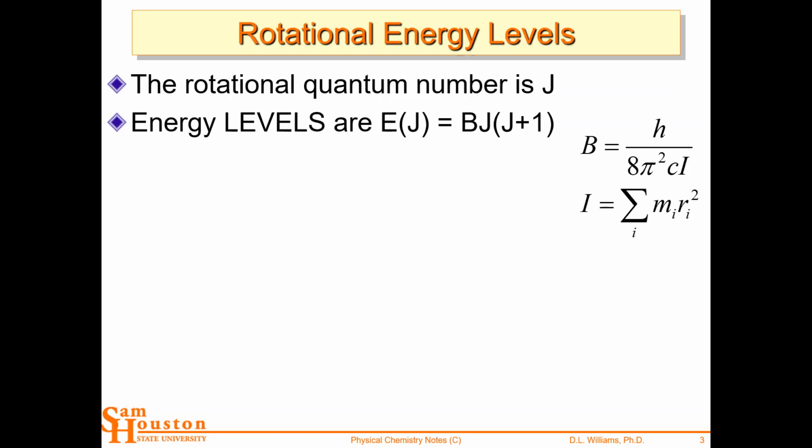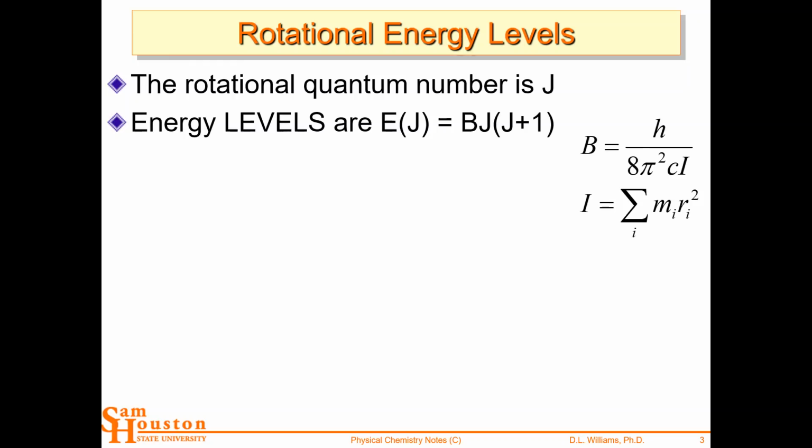And it's Planck's constant over 8 pi squared, the speed of light, and I. I is the moment of inertia. So if you're going to rotate something, you have inertia, the resistance of change in momentum, right? And so if you have a large molecule and you're trying to get it spinning, it has a moment of inertia. Once it's spinning, you try to slow it down, it has inertia.